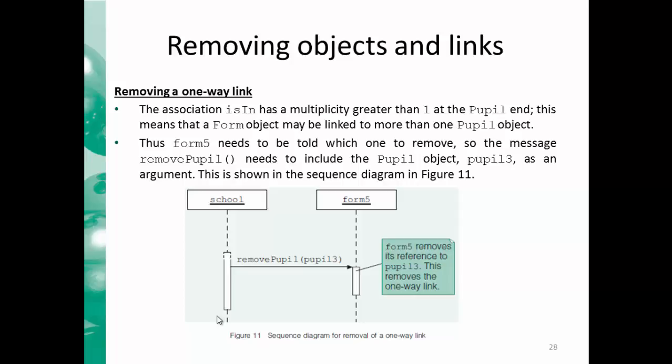And then since form 5 has the reference, it can remove its reference to pupil 3, and this will remove the one-way link. That's all. Form 5 has the reference, it can remove it, and now there will be no reference to pupil 3 anymore, because the control is all in form 5 that has the reference.